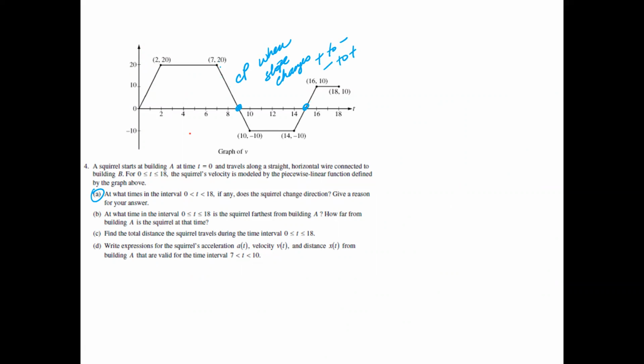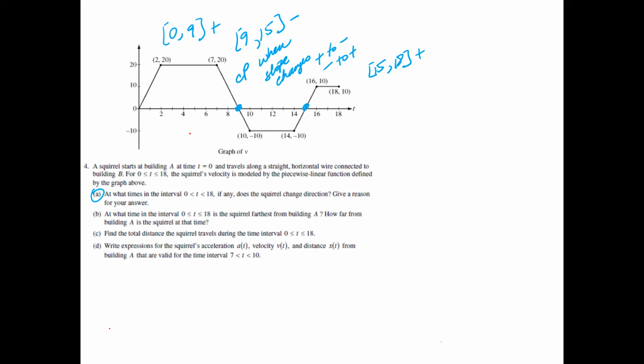Between 0 and 9 is a positive slope, but it changes direction from 9 to 15, which becomes a negative slope, and then changes again from 15 to 18, which becomes positive again.